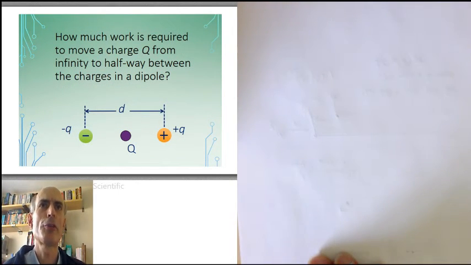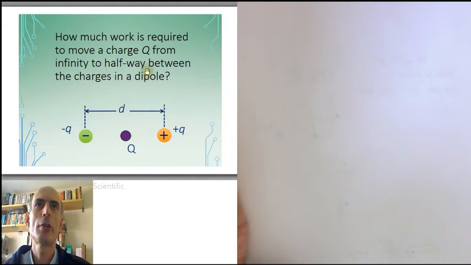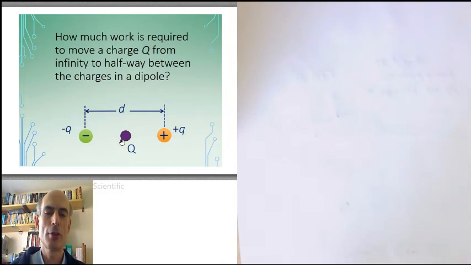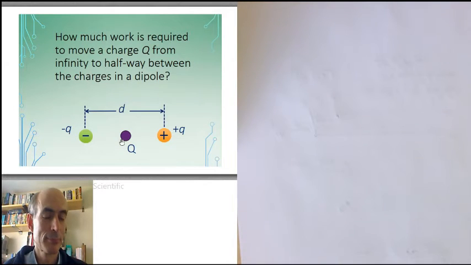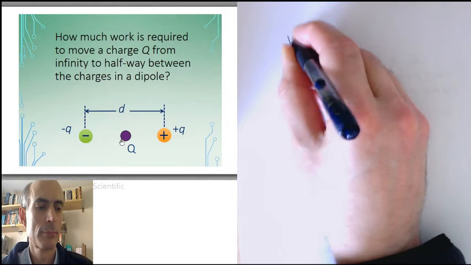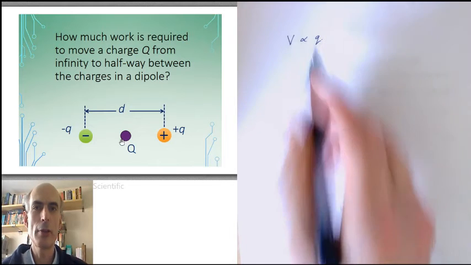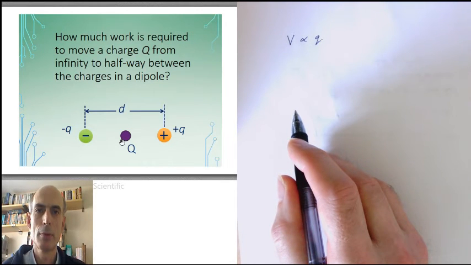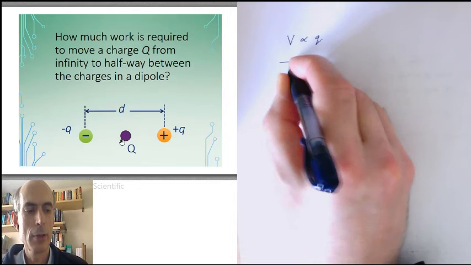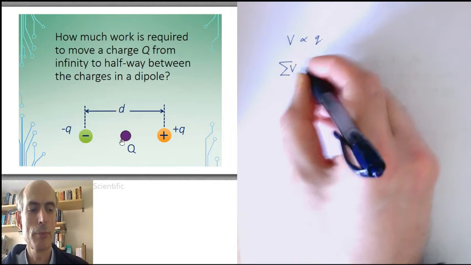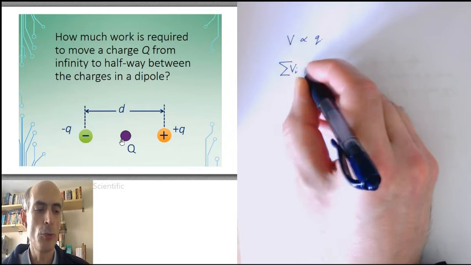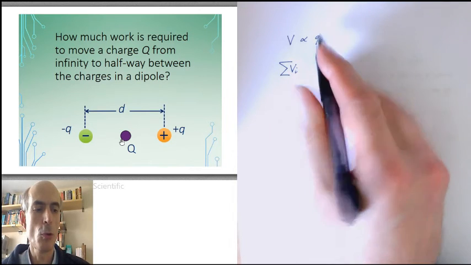Now, consider this one. How much work is required to move a charge Q from infinity to halfway between the charges in a dipole? Well, the wonderful thing about potential is that it's proportional to the charge. Which means it's linear. Which means that I can do this. The sum of the potentials is the potentials due to the sum of all of the charges.